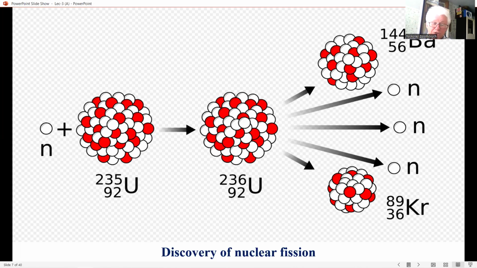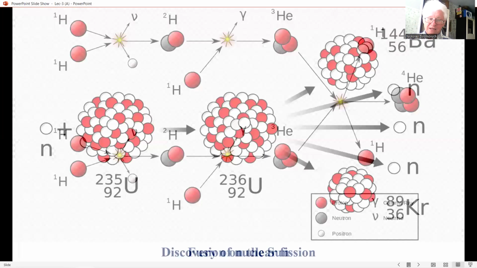Because the fragments produced are more tightly bound than the uranium nuclei, the binding energy is released during uranium fission.